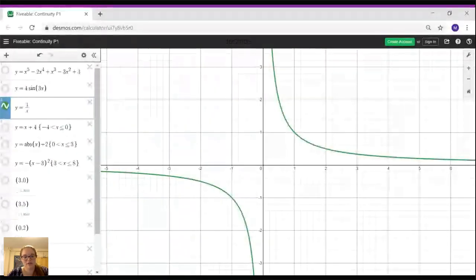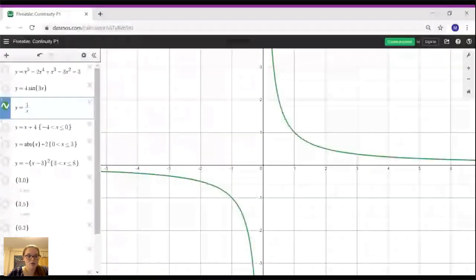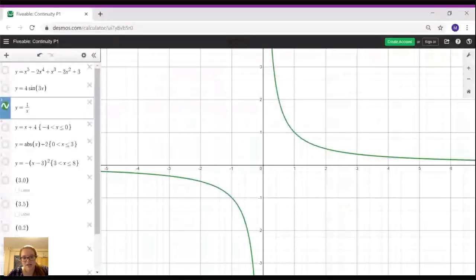Rational functions are functions that can be written as fractions. When you have a variable in your denominator, you usually get something like what's shown on the screen right now. So what does this graph have? It's good. It looks like it's got asymptotes. It's got two asymptotes here, one at x equals 0 and one at y equals 0. Okay, so what we're looking for here is kind of like the same definition I gave you for the trig functions.